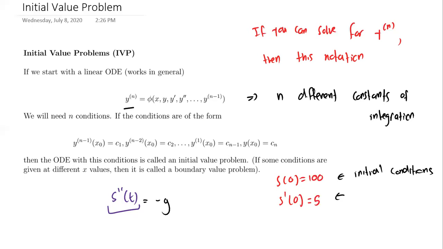So in fact, both of these are initial conditions because we're evaluating at t equals 0, sorry. I didn't remember exactly what we did in that example, but both of these are initial conditions. And since we had a second order ODE, we needed two conditions to get rid of the constants of integration.